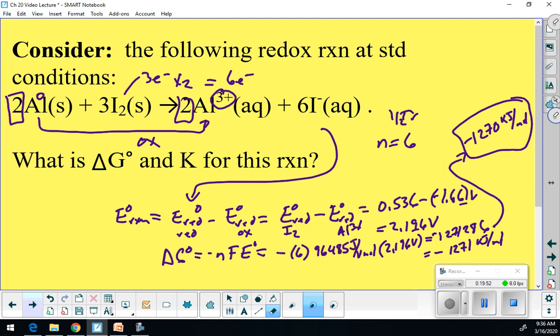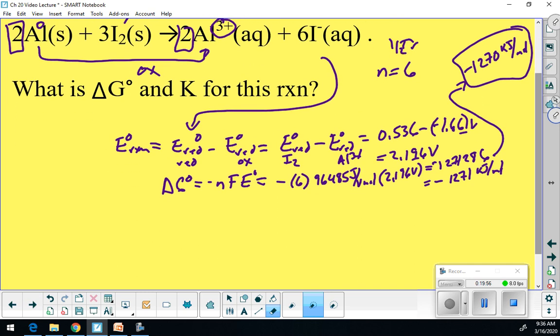Okay, bring me back. All right, so we've already really calculated my ΔG, right? So we can get my equilibrium constant, which would be my Kp is equal to e to the negative ΔG° over RT, or we could go e to the nFE° over RT. I've already done the work for my ΔG. I'm going to take the easy way out this time.